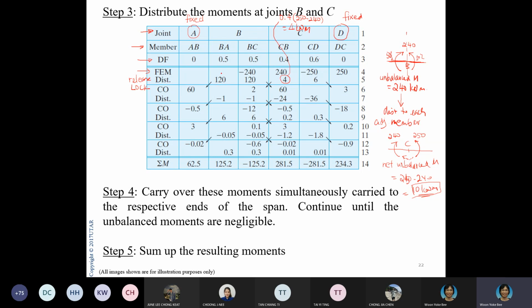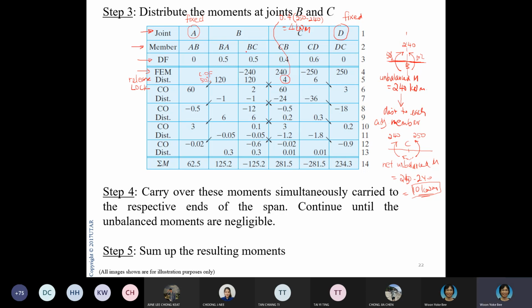So this one, member BA, had 120. Because A is fixed, I need to transfer 50% over. This is my carry over factor. I carry over 60 in the same direction to joint A on the other side.